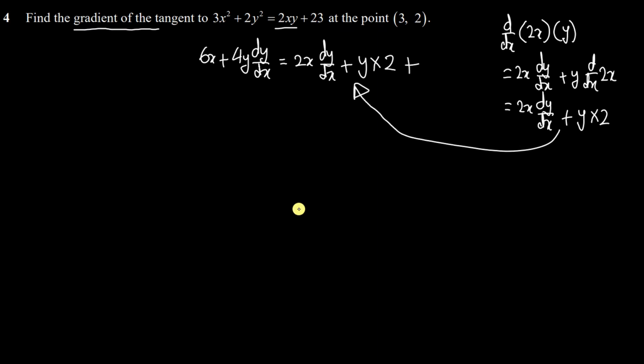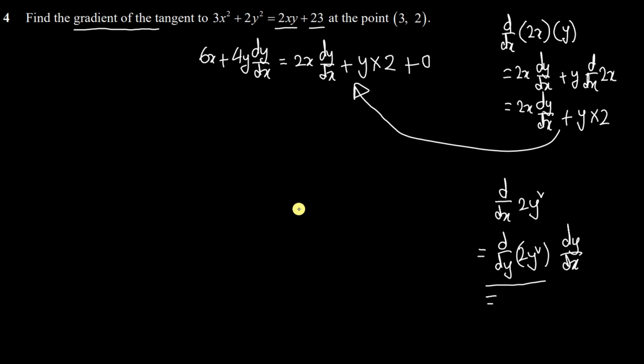And if we differentiate the 23, we get 0. And 2y square, it is actually d by dy of 2y square, then you write dy by dx, the same as d by dx of that one.